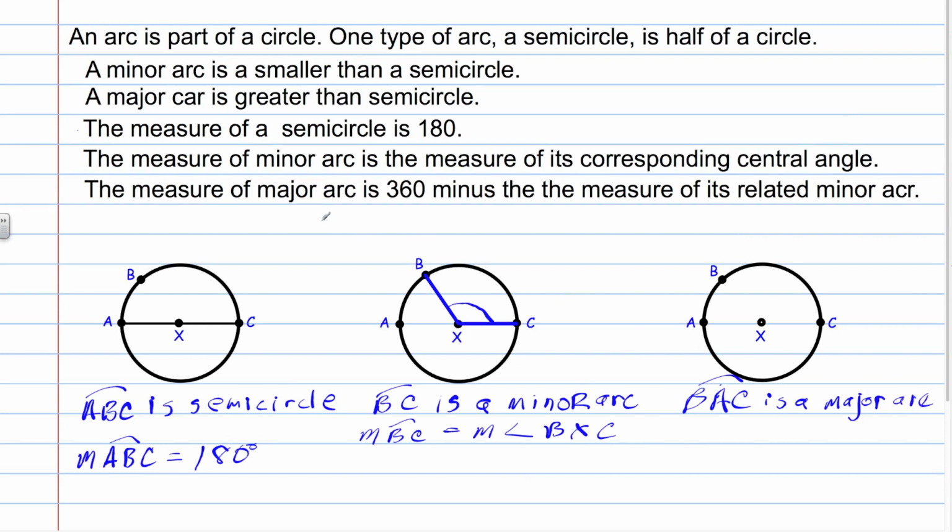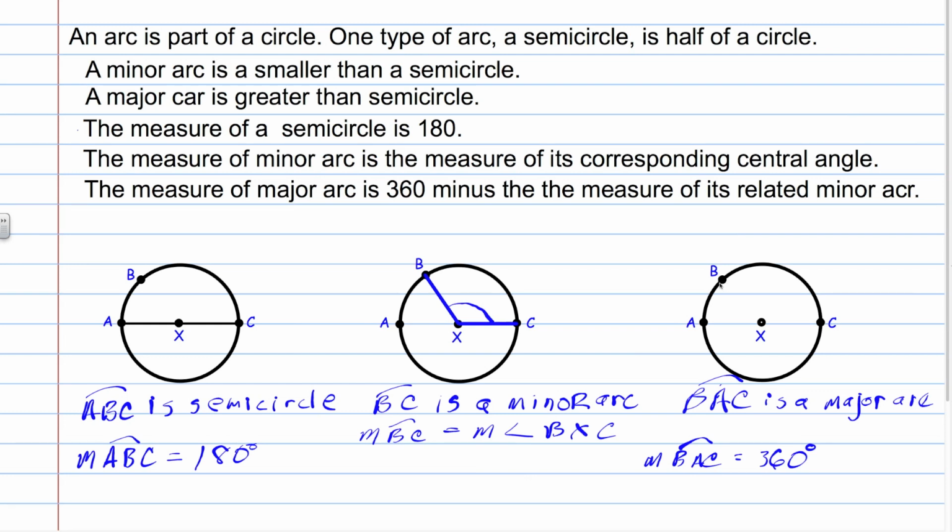And we define the measure of a major arc right here. The measure of a major arc is 360 minus the measure of its related minor arc. So the measure of arc BAC is going to be equal to 360 degrees minus its related minor arc.